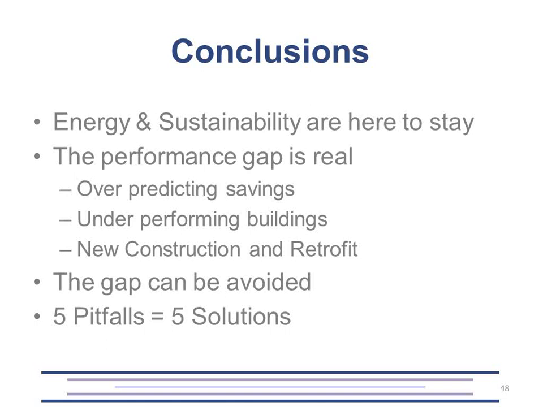And that gap happens in both new construction and in retrofit projects, even those following LEED guidelines. And it doesn't matter if the project's large or small, direct contracted or performance contracted, the gap can still occur. So what steps can owners and architects and project teams take to avoid this performance gap? Those common pitfalls that we saw and were discussed in those 6 case studies direct us right to those solutions.